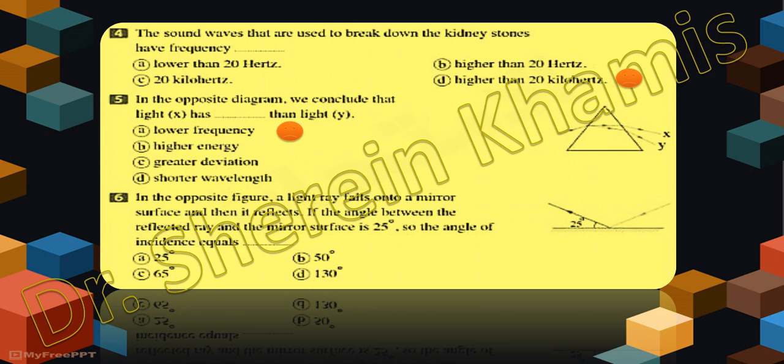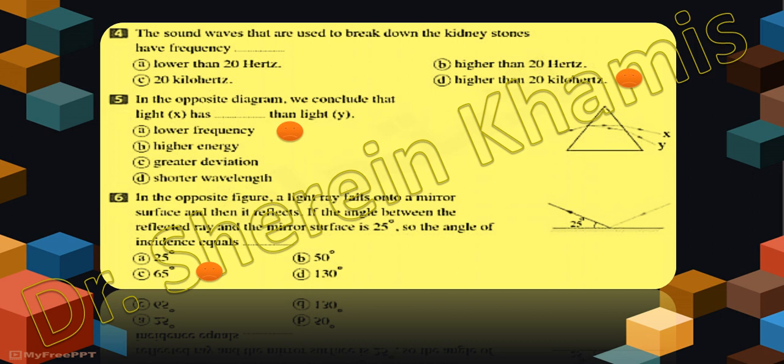If the angle between the incident ray and the mirror is 25, then the angle of incidence is the angle between the incident light ray and the reflecting surface subtracted from 90: 90 minus 25 gives 65. The angle of incidence equals the angle of reflection, which equals 65 degrees.